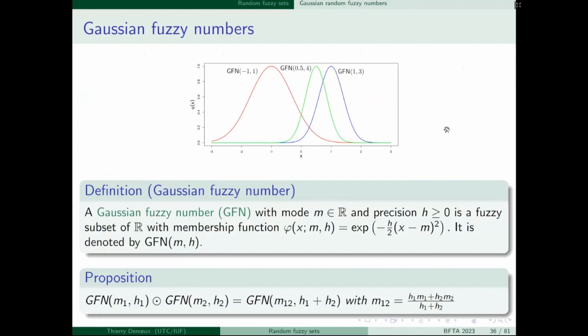Okay. So do you allow constants to be a Gaussian fuzzy number? Just a constant? Yeah. A constant is a case where the precision tends to infinity. Actually, you can include it in the limit. So if H is infinite, in that case, it becomes a delta function.